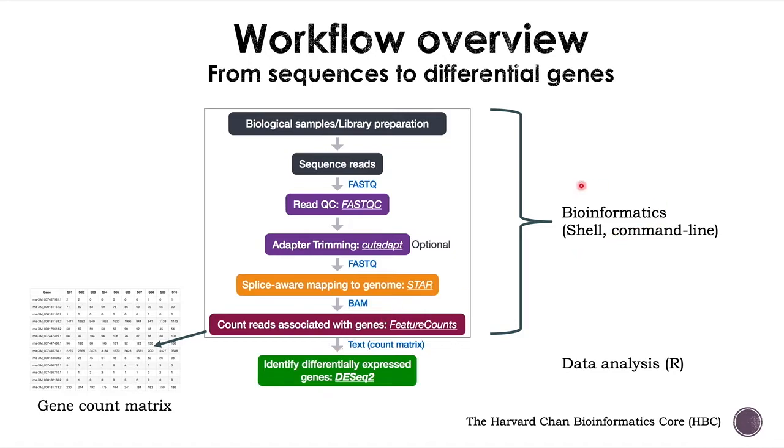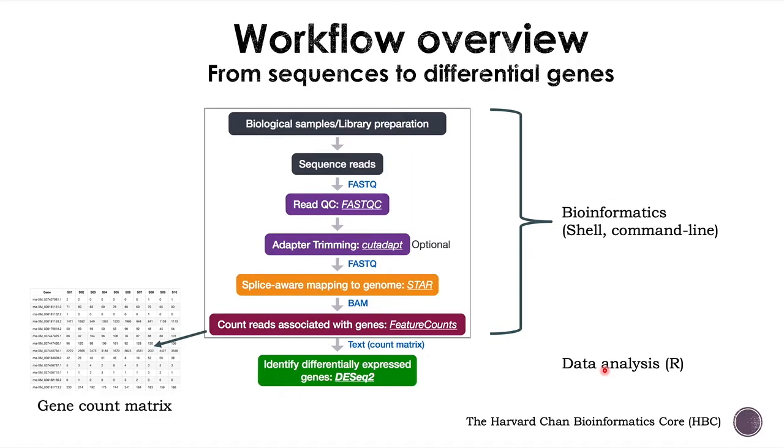All the bioinformatic steps usually take place on a computing cluster using the command line interface and some ad hoc open source software. On the other hand, the differential analysis in R usually takes place on a local machine, a desktop or a laptop.